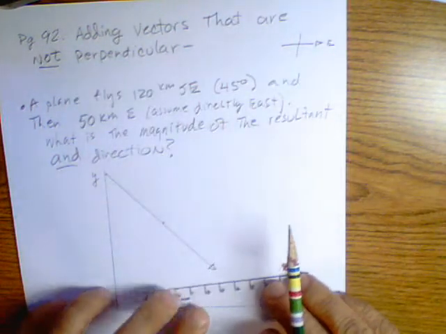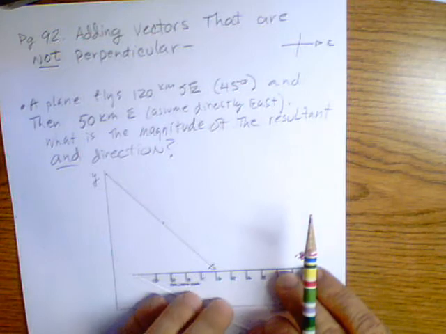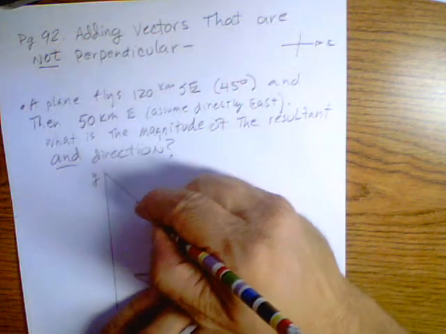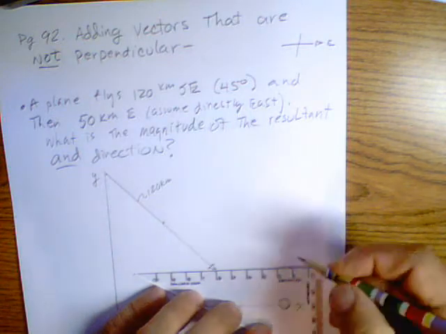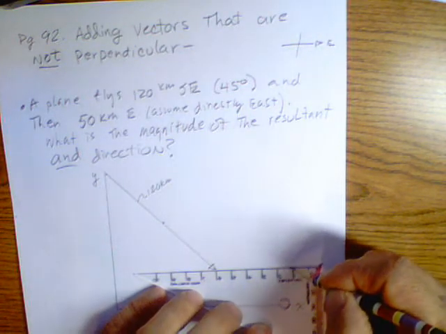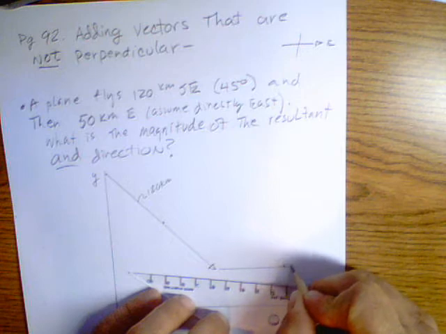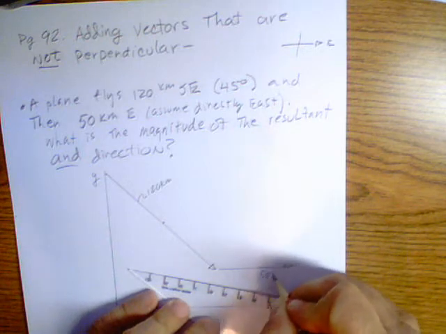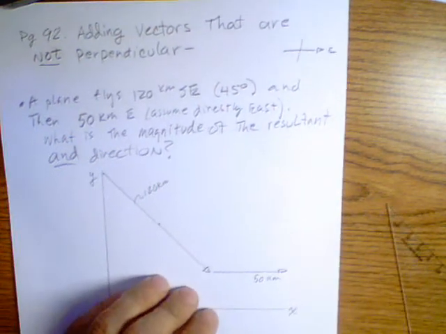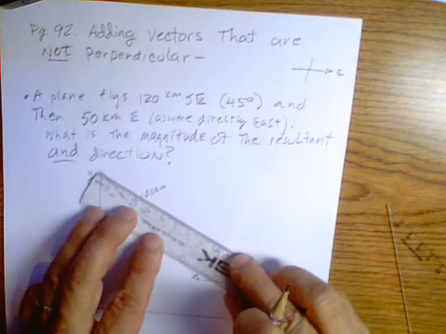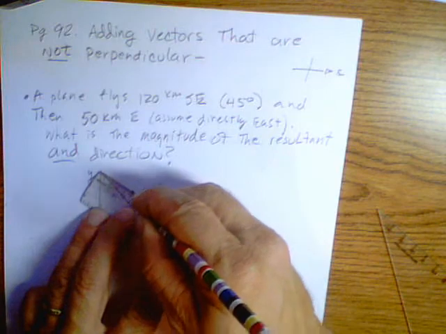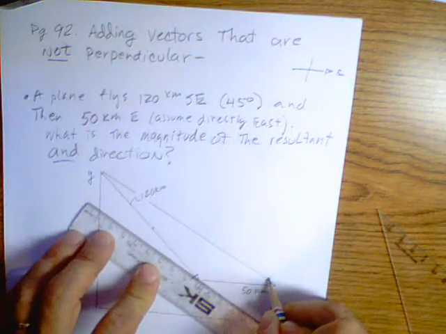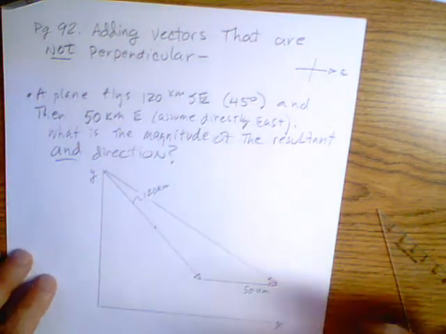And then it flies due east 50 kilometers. And we want to know this resultant.